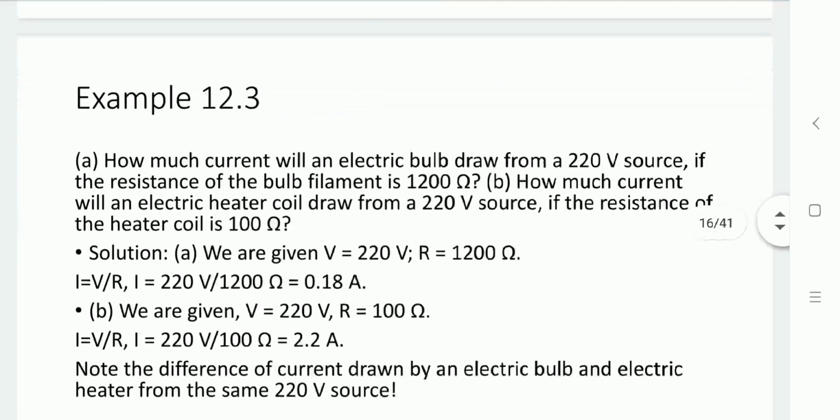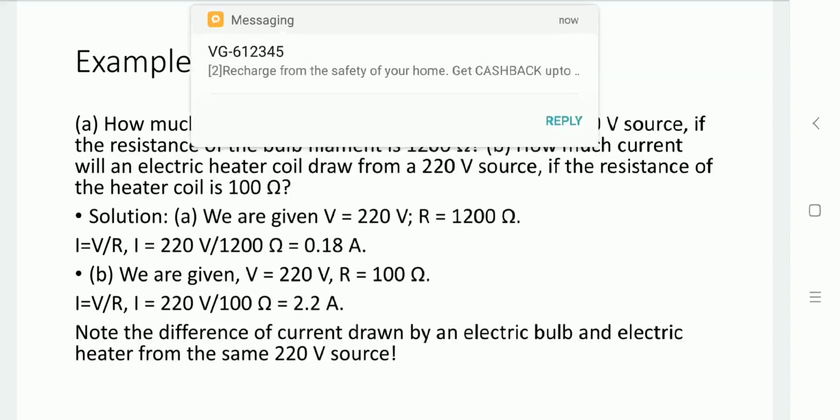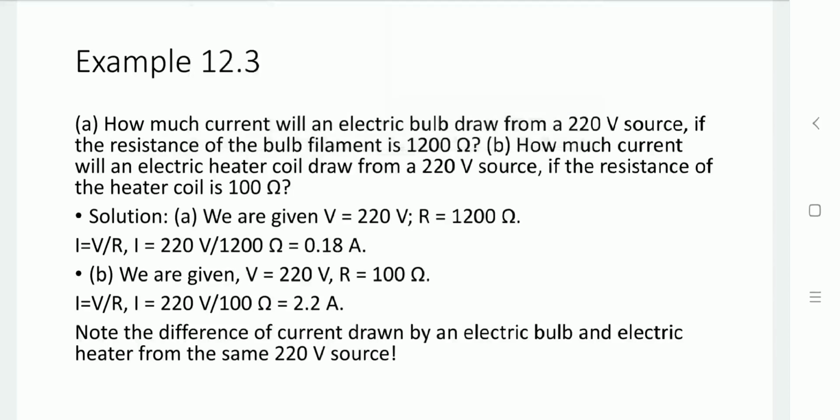Now, we are focusing on one example. How much current will an electric bulb draw from a 220 volt source if the resistance of the bulb filament is 1200 ohm? Second question, how much current will an electric heater coil draw from a 220 volt source if the resistance of the heater coil is 100 ohm?